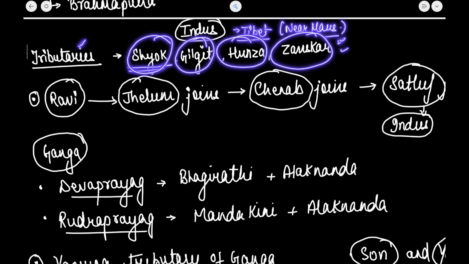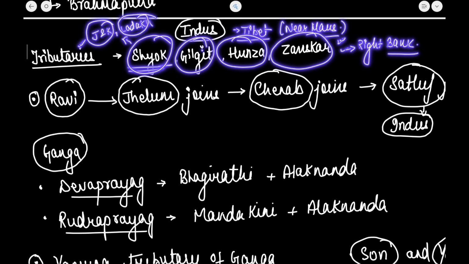These all are the tributaries of the river Indus, and most of these are the right bank tributaries of the river Indus. Now these rivers all flow in the Union Territories of Jammu and Kashmir and Ladakh. Most of these rivers flow there, and then ultimately they merge into the river Indus. From Jammu and Kashmir, the river Indus flows directly to Pakistan and drains a significant area.